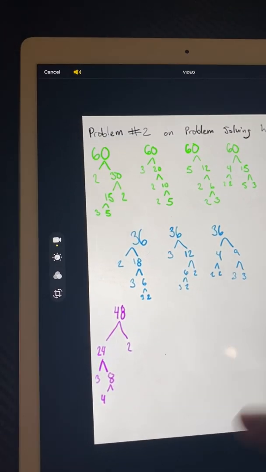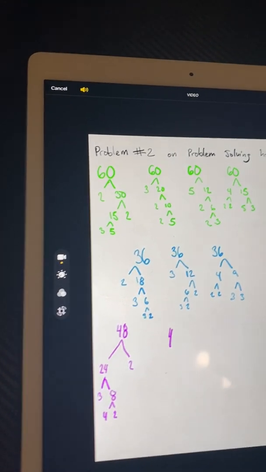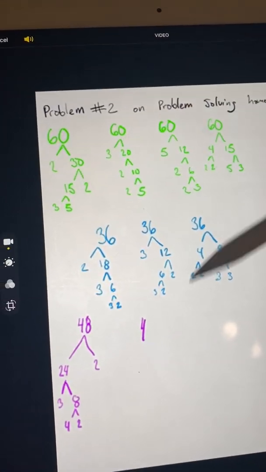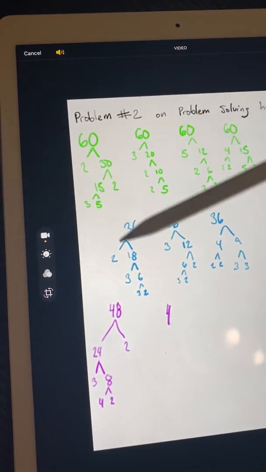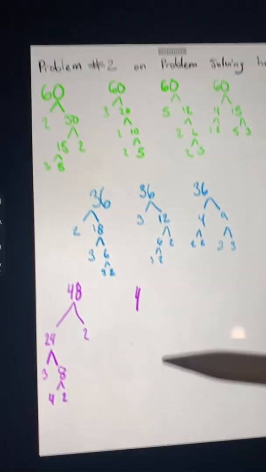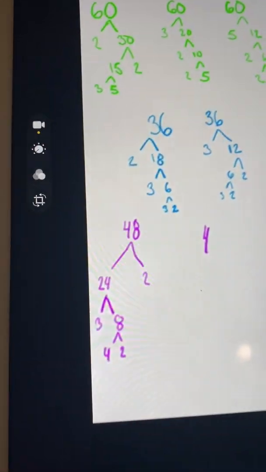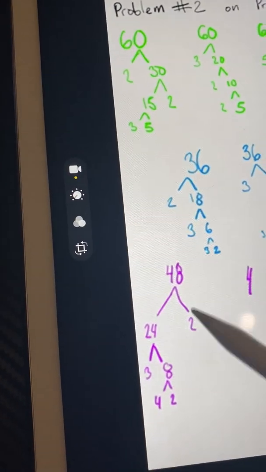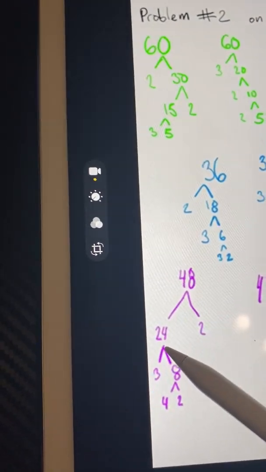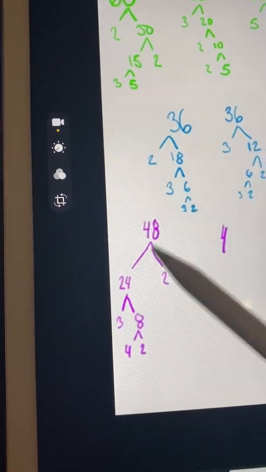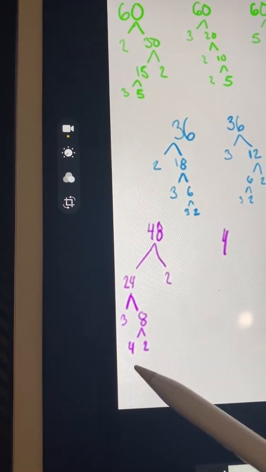You have to make sure always to get as many divisions as possible for each of these 3 numbers. So now 48. So now for 48, you could always start off with a division of 2, which is pretty easy. So 24 times 2, 48. 3 times 8, 48. 4 times 2, 8.